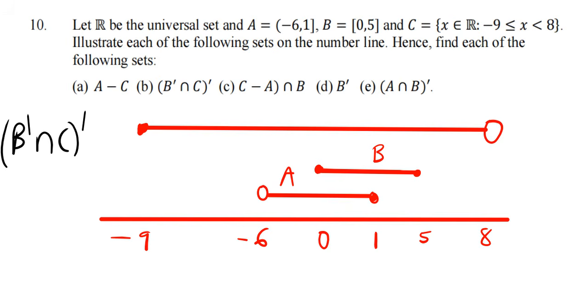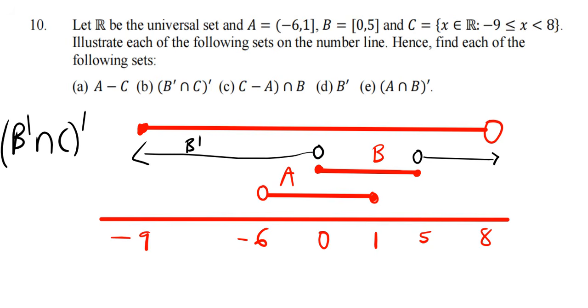In this case, let's find out what B complement intersection C is. Let's start with B. B goes in that direction, this will be B complement, and another part of B complement is here at 5. 5 is not included. We're going all the way to 8.